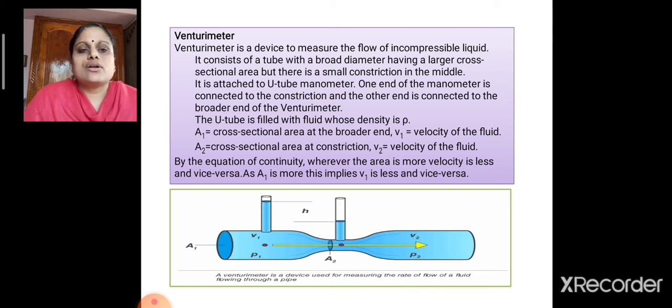Let A1 be the cross-sectional area at the broader end where the velocity is V1 and A2 be the area of cross-section at the constriction where the velocity is V2. By the equation of continuity, wherever the area is more, velocity is less and vice versa. As A1 is more, V1 is less and vice versa.